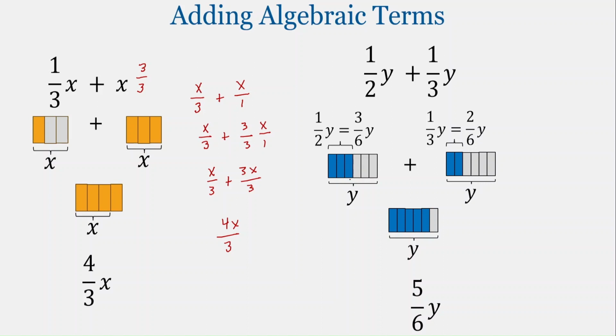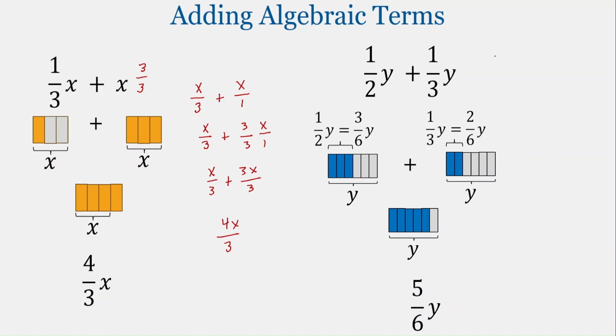So this represents 1/2 y partitioned or cut into 6 equal pieces. Well, for 1/3, an equivalent fraction is 2/6. So once again, we take y, it's split into 6 even pieces, and 2 of them will be shaded. When we add these parts, we end up with 5 shaded regions. The answer is 5/6 y.